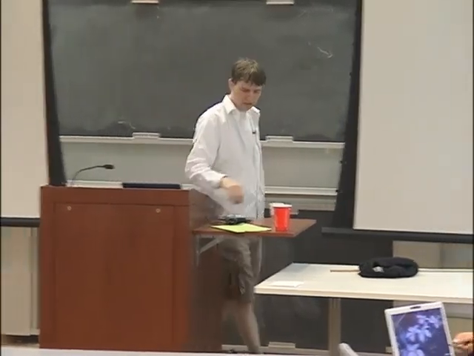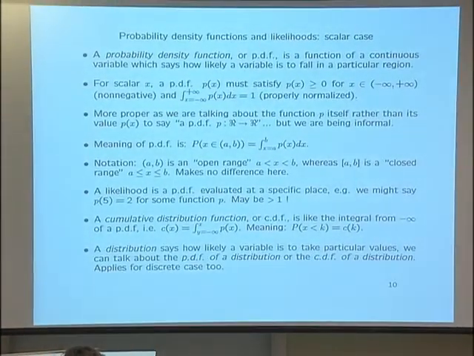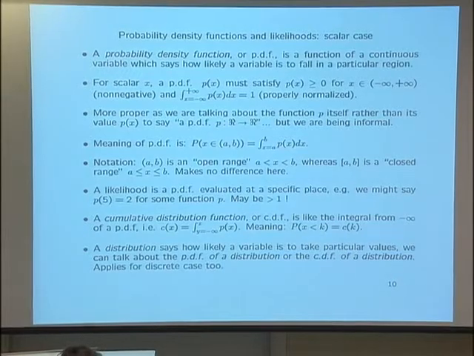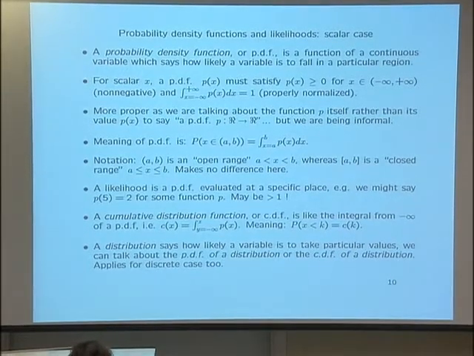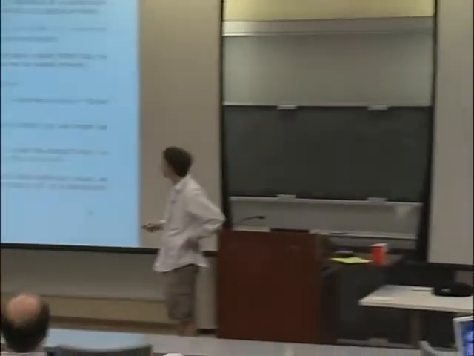So I just wanted to introduce the concept of a likelihood. The likelihood is a term that we often throw about without really thinking about what it means. Now, a probability density function is a function of a continuous variable which says how likely the variable is to fall within a particular region.